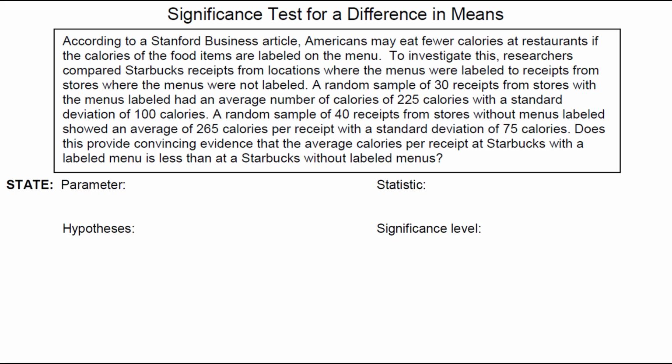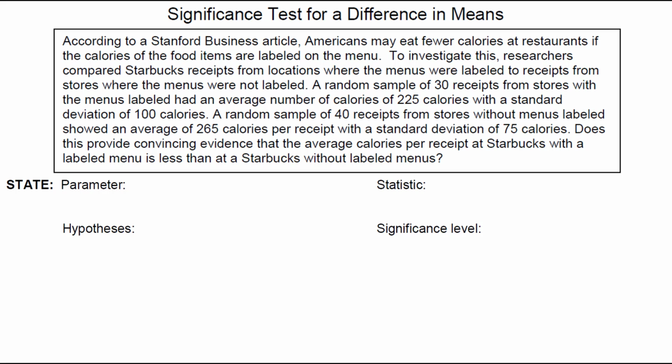A random sample of 40 receipts from stores without menus labeled showed an average of 265 calories per receipt with a standard deviation of 75 calories. Does this provide convincing evidence that the average calories per receipt at Starbucks with a labeled menu is less than at a Starbucks without labeled menus?